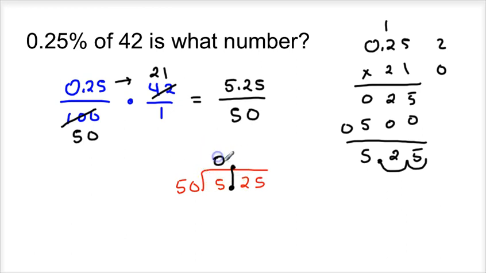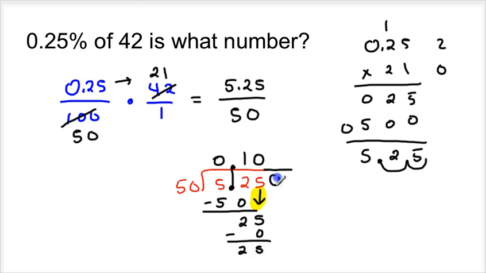50 goes into 5 0 times. 50 goes into 52 once. 50, subtract. 2 5. I'm bringing down my 5. Remember, every time you bring down a number, you must put a number up top as well. 50 goes into 25 0 times. So 50 times 0 is 0. Subtracting. Bringing down another 0. 50 goes into 250 how many times now? 50 goes into 100 twice. 50 goes into 200 4 times.